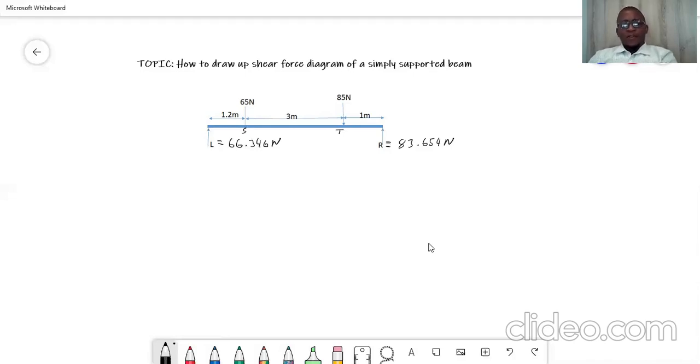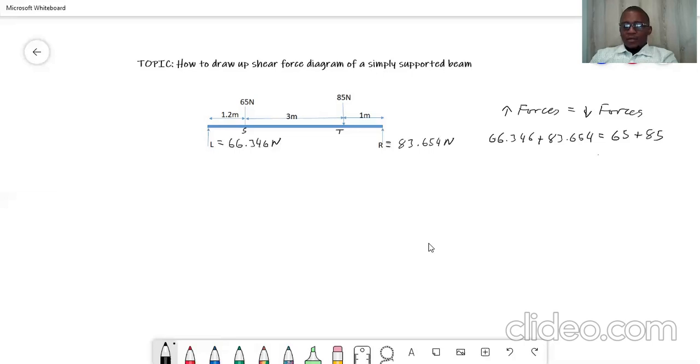Now, to confirm that these forces are correct, let us apply Newton's third law, which states that upward forces equal downward forces, right? For upward forces, we have 66.346 plus 83.654, equals 65 plus 85.